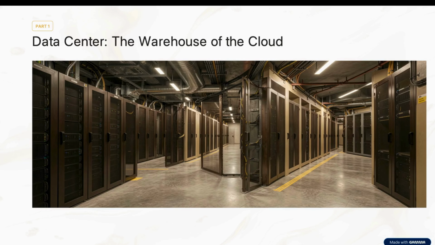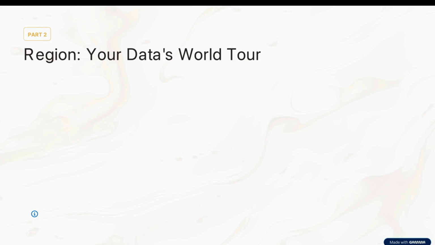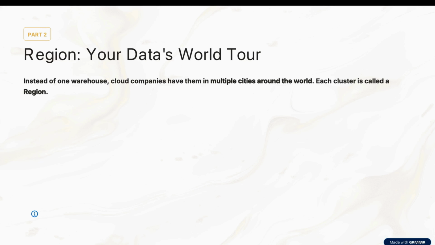Now, after this, let's try and understand what is a region. Imagine a company has only one data center in Mumbai. A user from London opens the app and waits and waits and waits. And that's why cloud providers create infrastructure in multiple geographical locations.